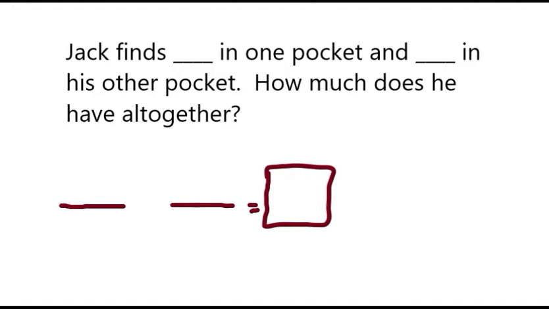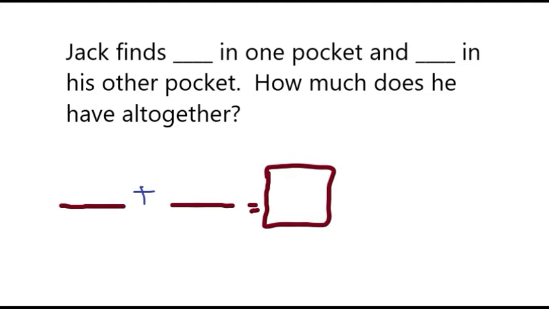When you see the words all together, that means you're putting it all together, which means we're going to be what? Are we subtracting? Are we adding? Are we multiplying? Or are we dividing? And if you said adding, you would be correct. So let's go ahead and put that sign there to represent addition.